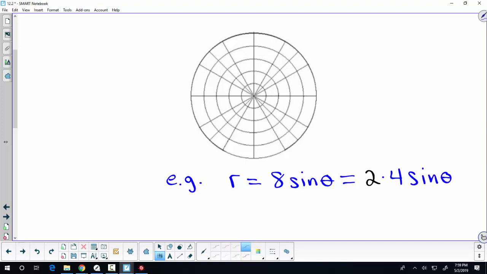So if we need an r squared over here and we need an r sine theta to convert, I can't just square it, because then I'll have r squared, which is fine, but then I'll have 64 sine squared theta. Instead of squaring both sides, what happens if I just multiply both sides by r?